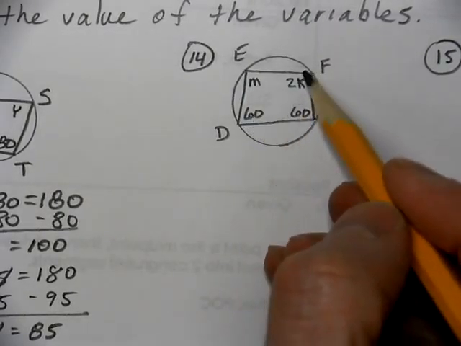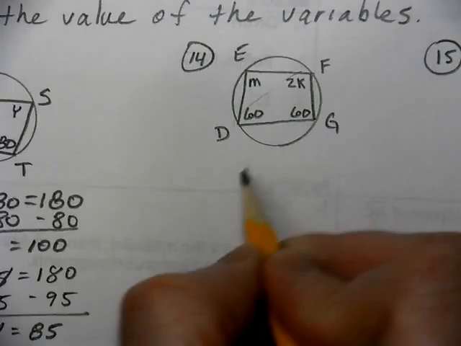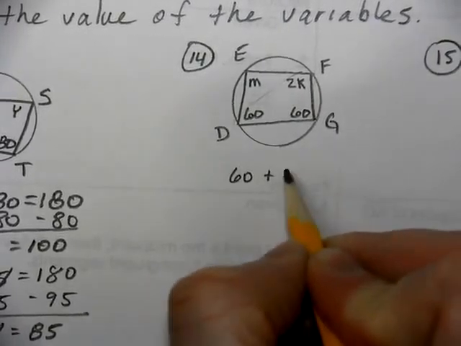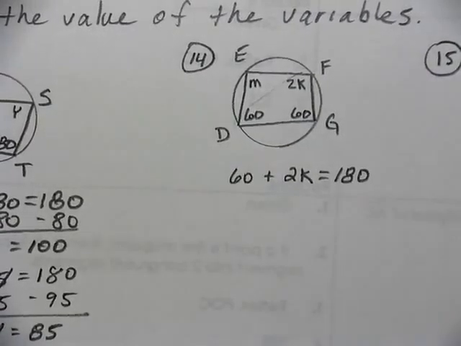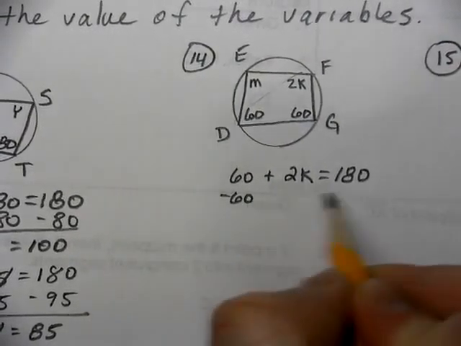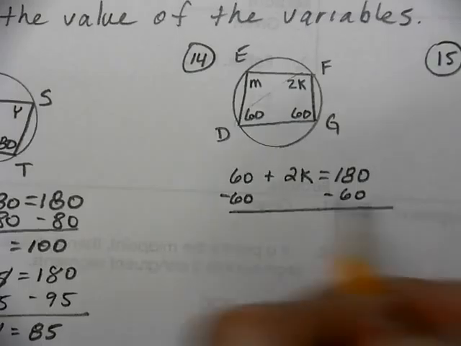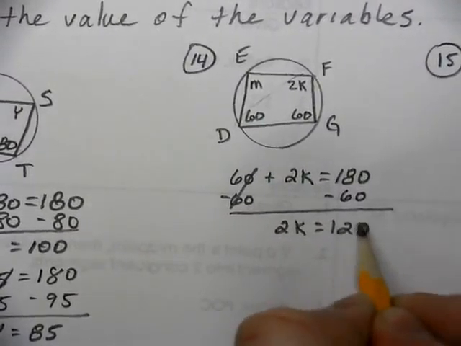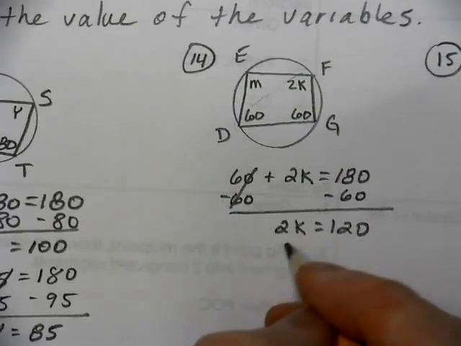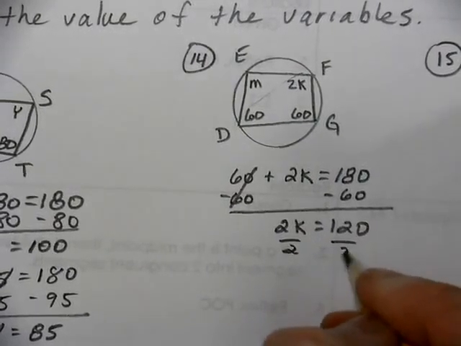We're here with number 14, opposite angles. 60 plus 2k has to add up to equal 180. We'll subtract the 60. Equals 120. Divide by 2.